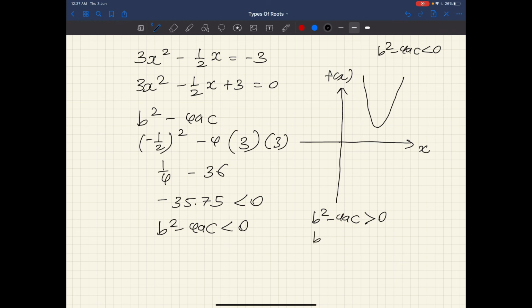If you have a case where b squared negative 4ac, once you have plugged it in, you get equal to 0, that means you have one single root and your graph will only touch at one point on the x-axis. Or you can say it as two roots are the same. You can define it as such as well. And now you learn about b squared negative 4ac less than 0, which means the graph doesn't actually touch the x-axis.